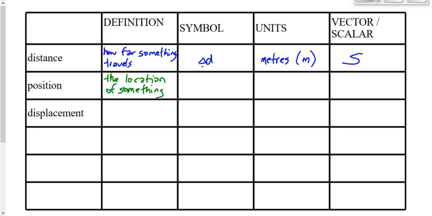Where am I? Well, I'm about 2 meters from the front of the room, 2 meters north of the wall. It's not enough to say I'm 2 meters from the wall, because I could be anywhere 2 meters from the wall. If I want to identify where I am or my location, then I need to identify that I'm 2 meters north of the wall.